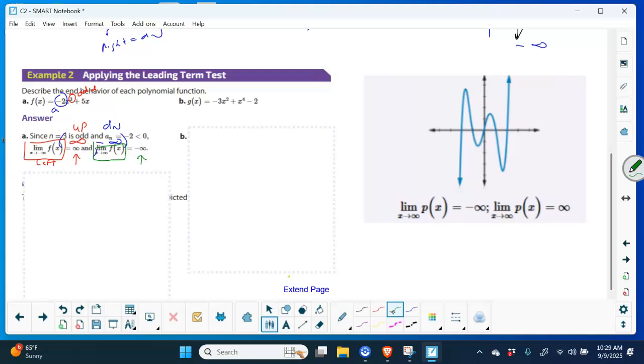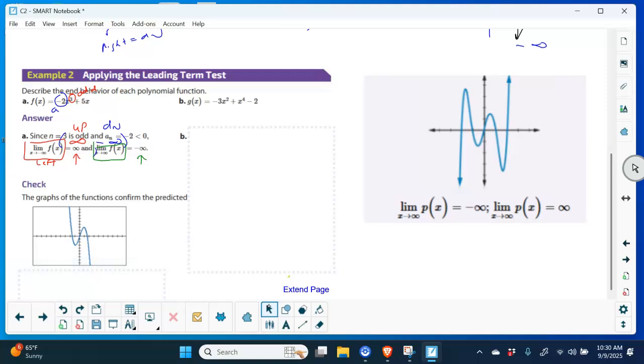They also described this as an odd function. But no worries there. And check. Here's the graph of that, by the way. And notice the left end is indeed infinity, and the right end is indeed negative infinity.